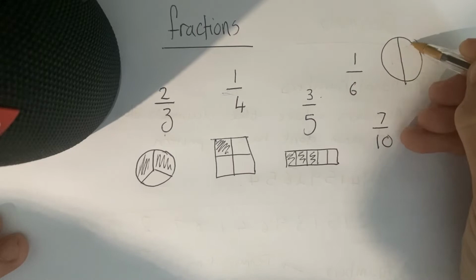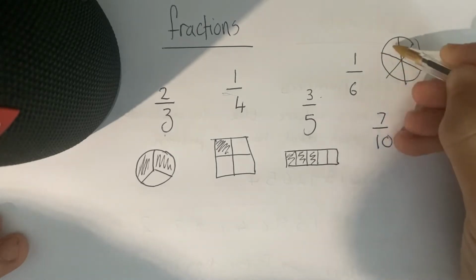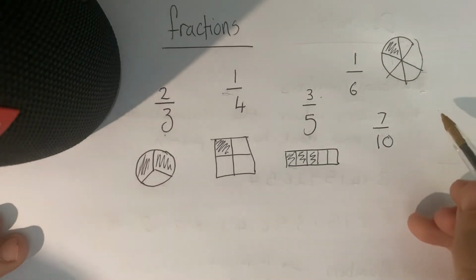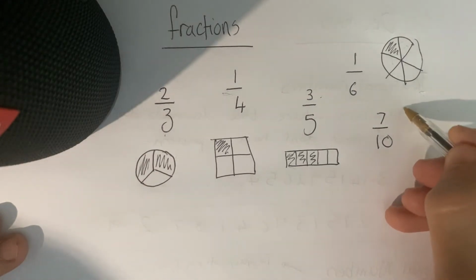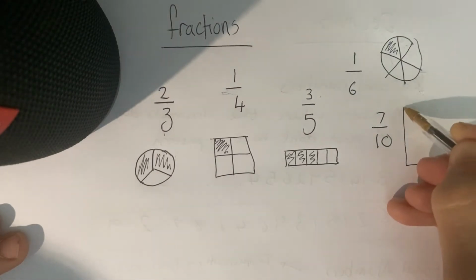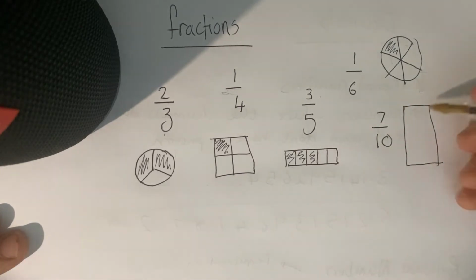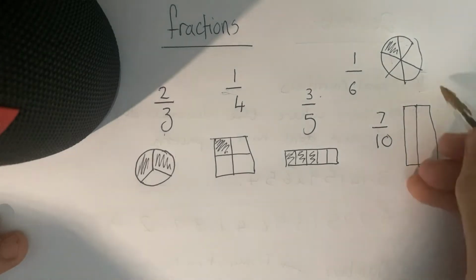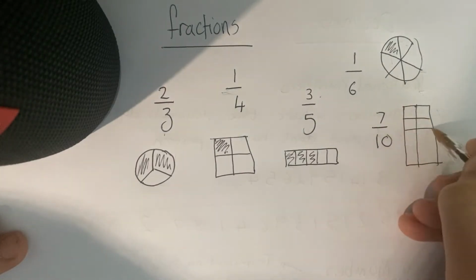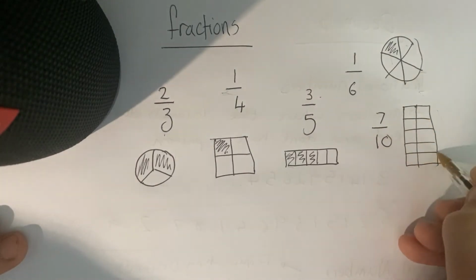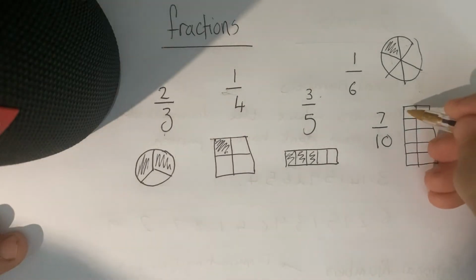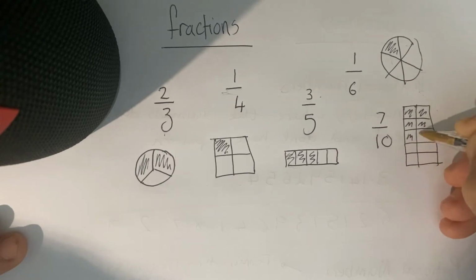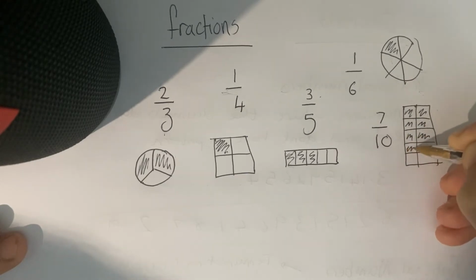So there, 1/6, it's there. And lastly, 7/10. I'm going to go for a box this time, and I'm going to cut it in half this way. Sorry, it's not a very equal half. 1, 2, 3, 4, 5. So 7/10 would be 1, 2, 3, 4, 5, 6, 7.